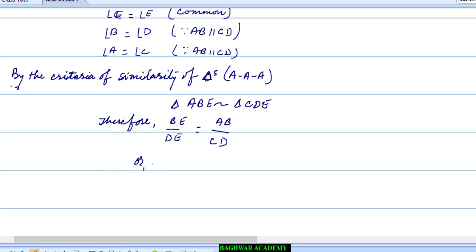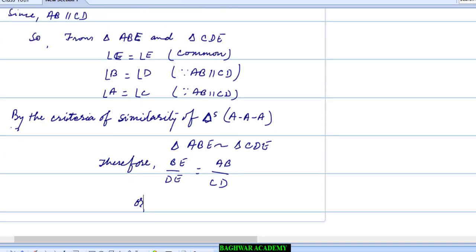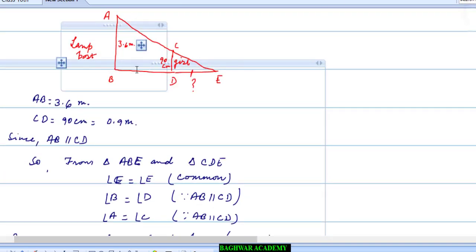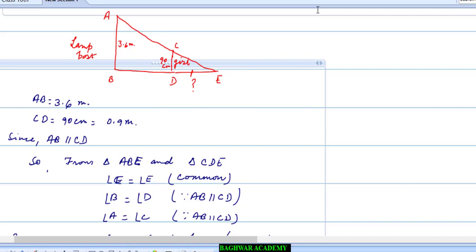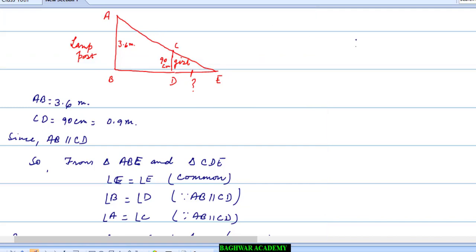Suppose here you see BE, and here you have DE. Suppose DE is equal to x. Again try to understand. Suppose DE is equal to x. In this case BD we first need to find out.